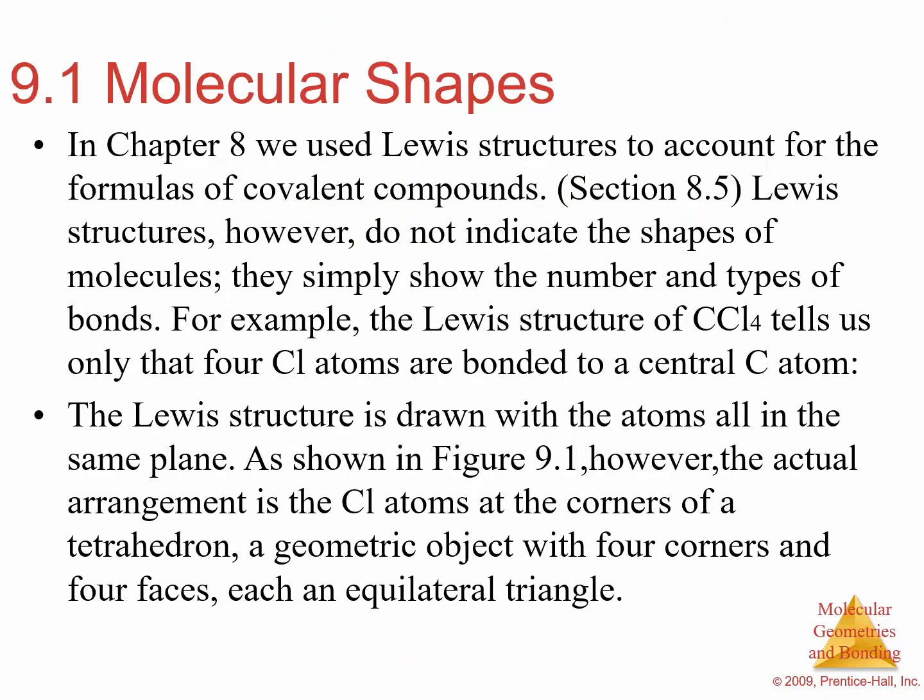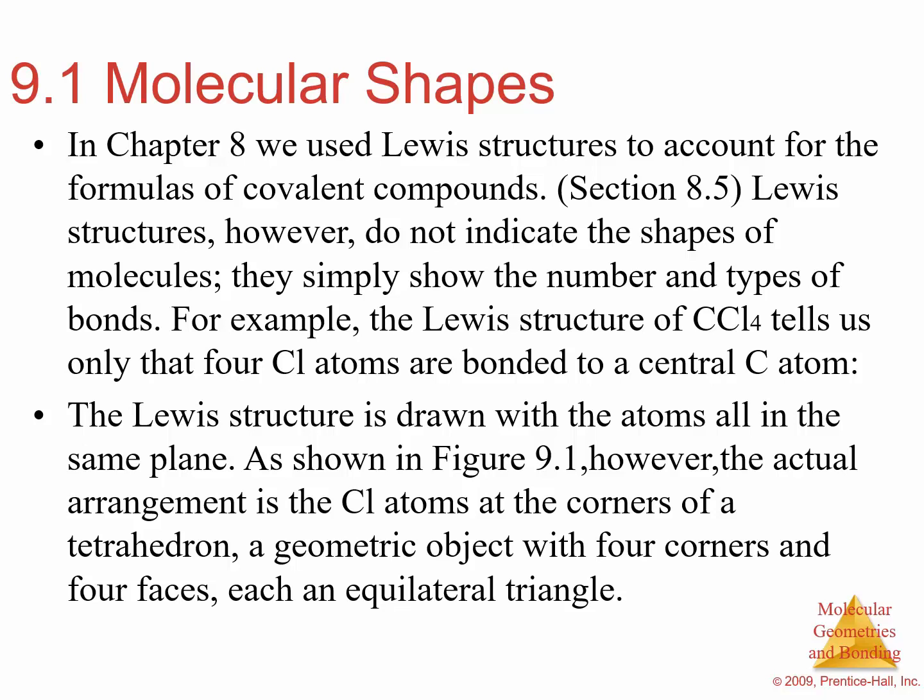In Chapter 8, we used Lewis structures to account for the formulas of covalent bonds. Lewis structures, however, do not indicate the shapes of molecules. They simply show the number and types of bonds. For example, the Lewis structure of CCl4 tells us only that 4 Cl atoms are bonded to a central carbon atom.